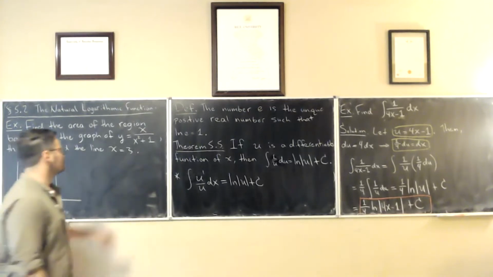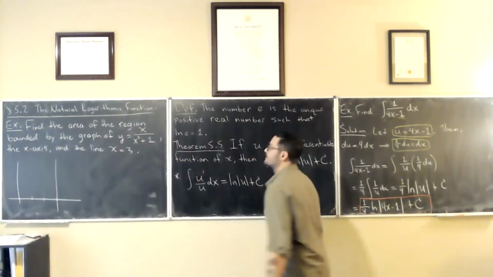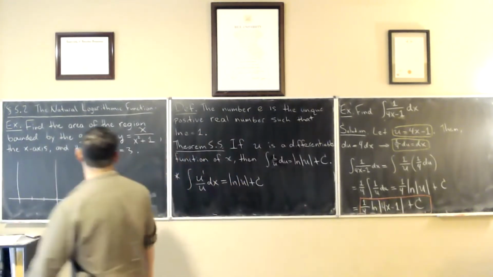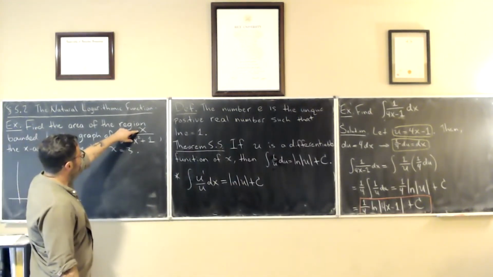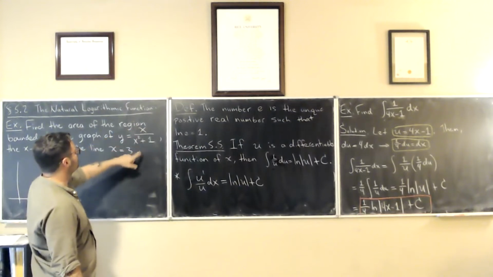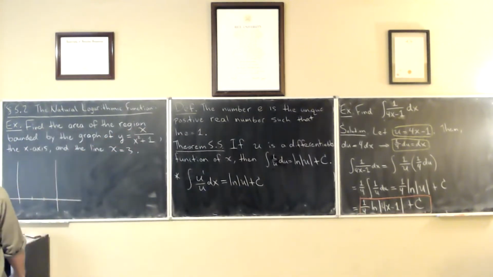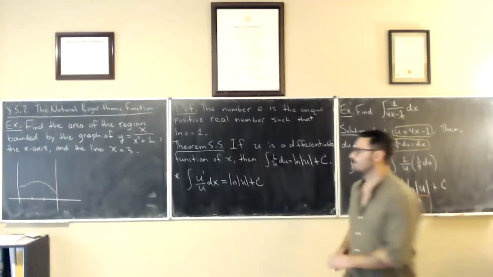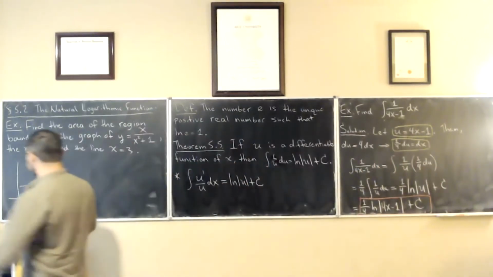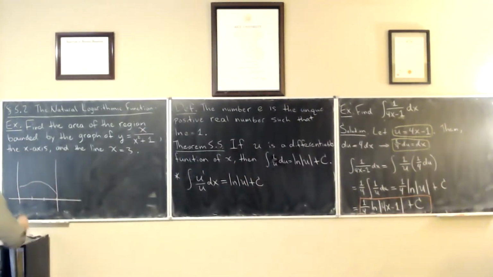What does this function look like? I'll just plot a few points to get a sense. So at 3, what do we have? 3 over 10. It's not that high, it's like right there. Maybe it looks like something like that. I would definitely, if I had a graphing calculator on me, plot this and look at it.